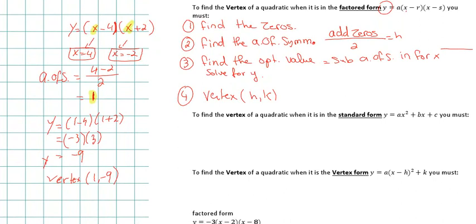Okay? So there's an added step if you're going from standard form to the vertex. There's an added step, which is factor first, then follow the steps above.